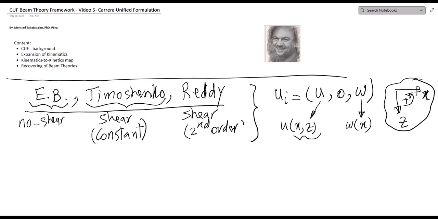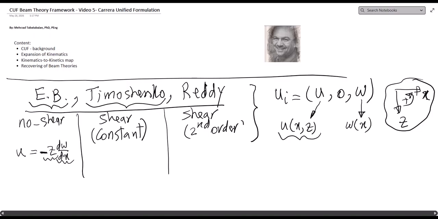Now this one, for example, u for Euler-Bernoulli, if you recall, was minus z dw/dx. So this z, which is the coordinate's location from the neutral axis, multiplies a function of x.